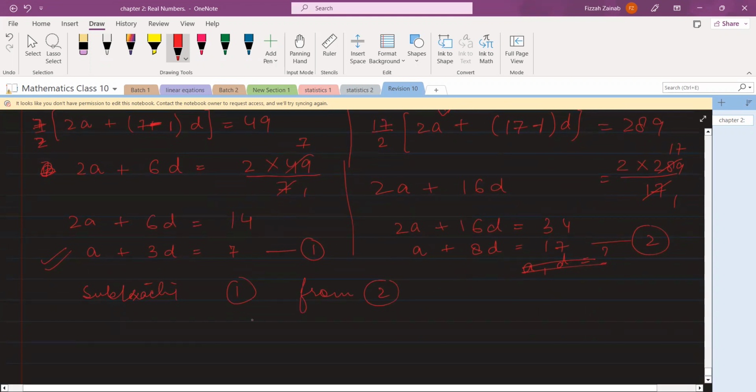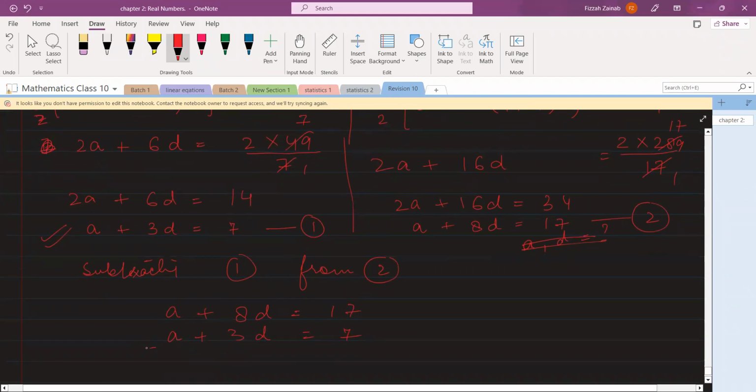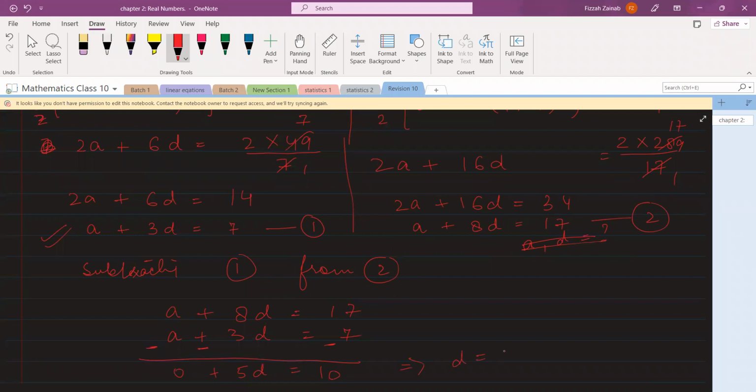First you write 2: a plus 8d is equal to 17. Then you write your first equation: a plus 3d is equal to 7. Now because you are subtracting, you will change the sign, and this is also minus. So a minus a is 0, and 8d minus 3d gives 5d. 17 minus 7 is 10. So that means d is 10 by 5, so d is equal to 2. Fine.